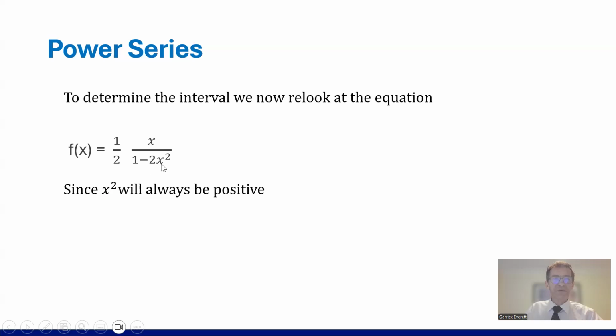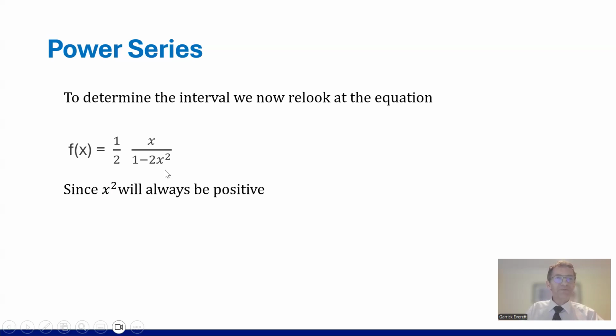Since x squared will always be positive, that's self-evident, then you can't get this going 1 minus 2x squared because there'll be no value here you can put in, obviously unless you put in i. Yes, we know about unreal numbers, but here we're not doing that. We're putting in real numbers.